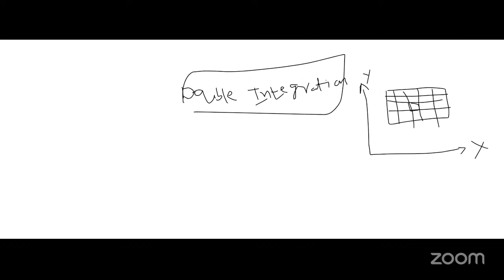So this is also one rectangle, no? So we know that the area of the rectangle is L into B. So this is one part, no?